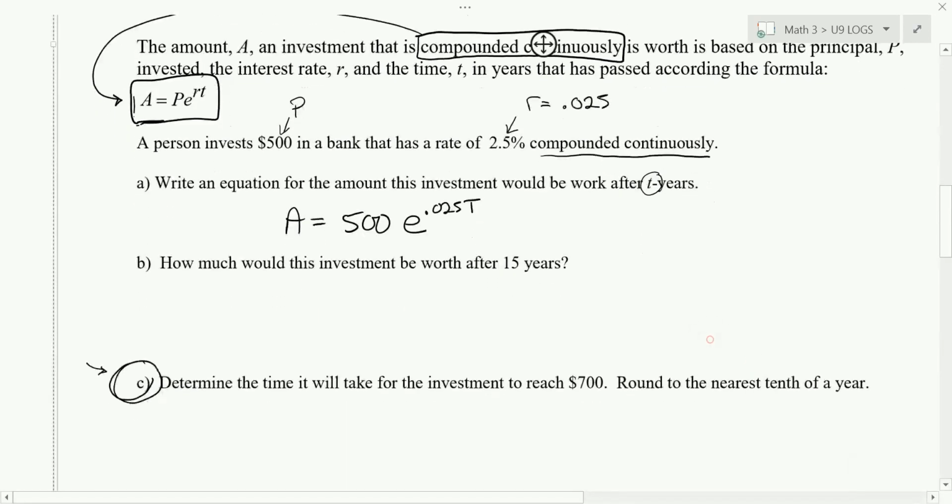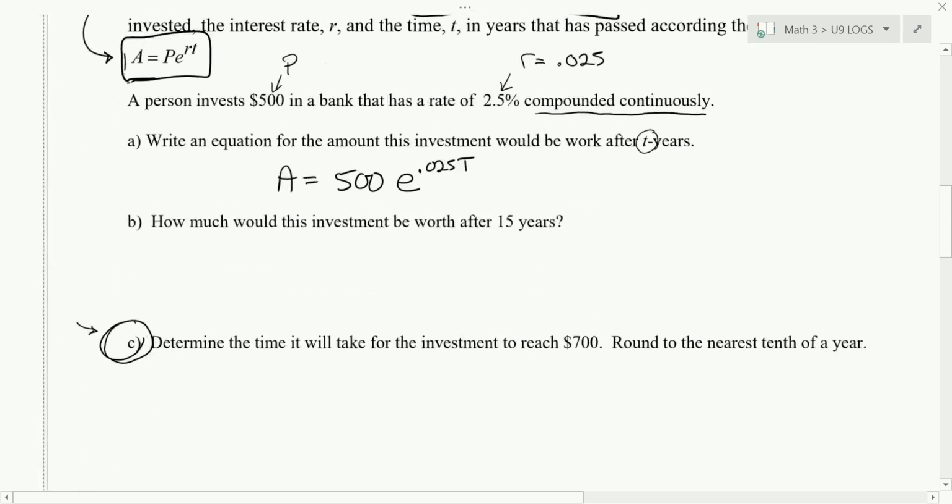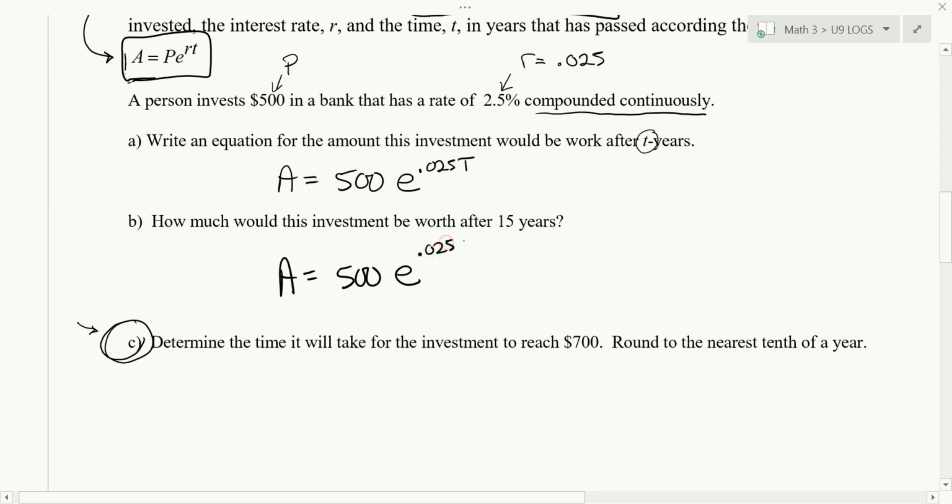Okay, so on part B, you're just plugging in 15. So your amount is 500 times e to the power of 0.025 times 15. And again, when you plug this into your calculator, make sure you put parentheses around that whole exponent.